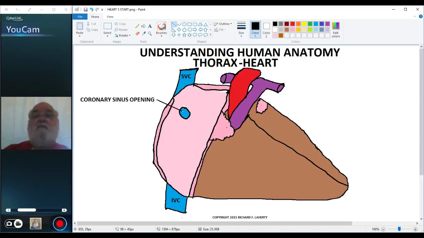Then, when we look at the wall between the right and left atrium, that would be right here. This is the interatrial septum. In the interatrial septum, we will see an oval depression.